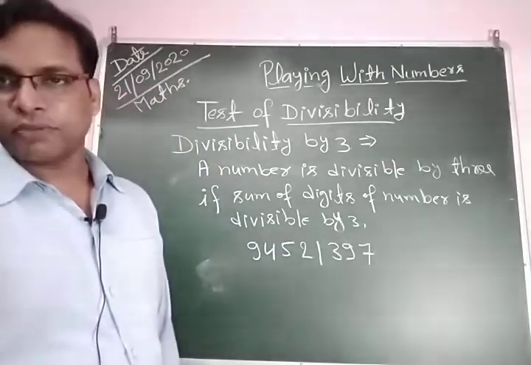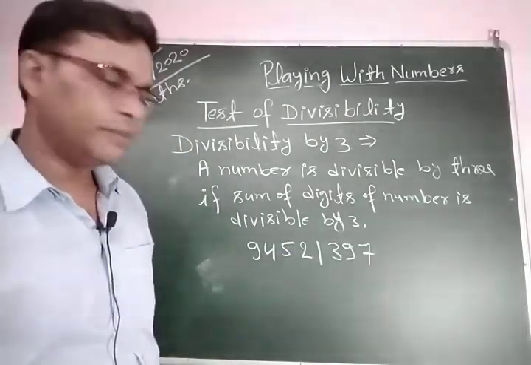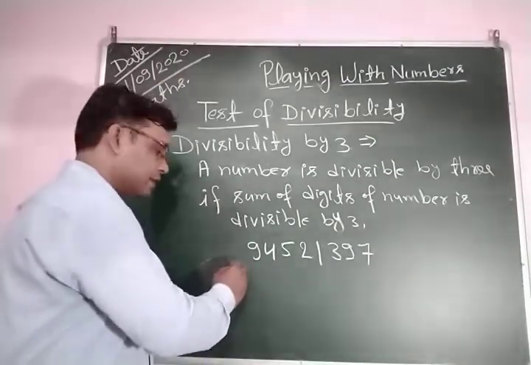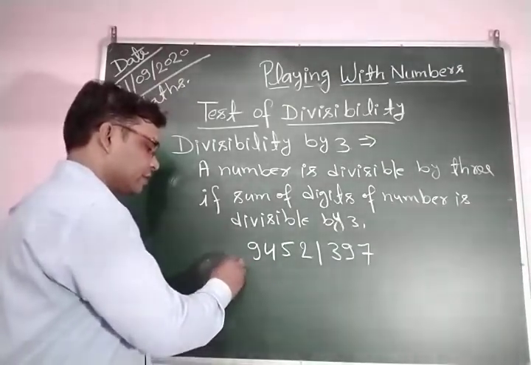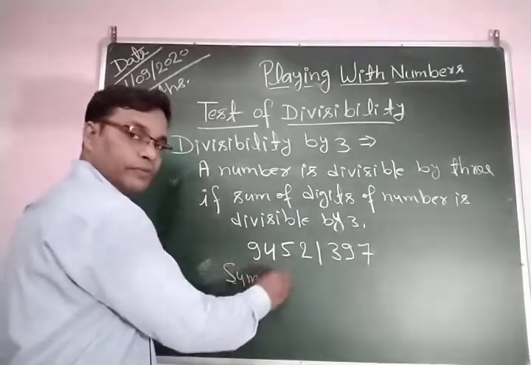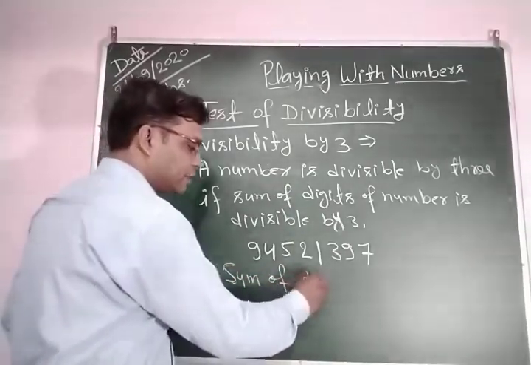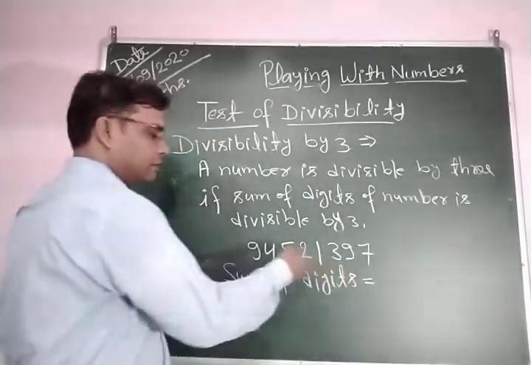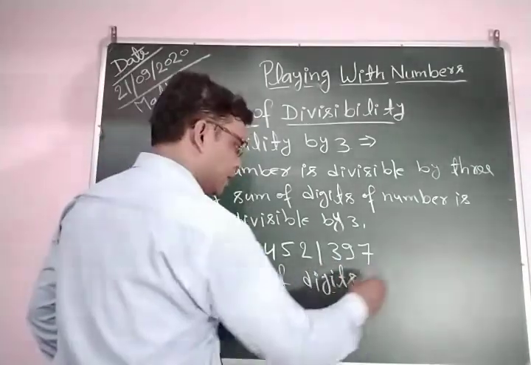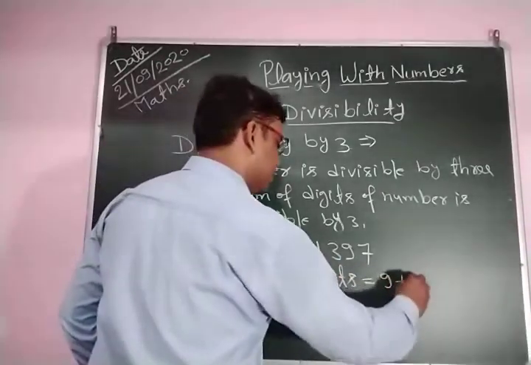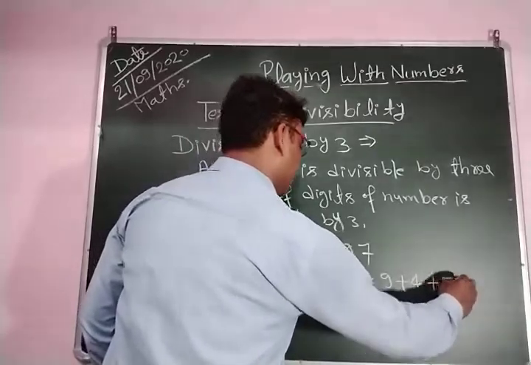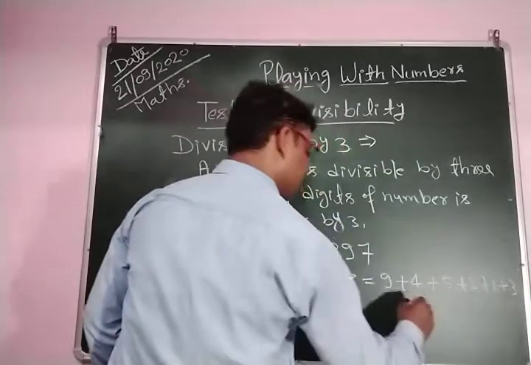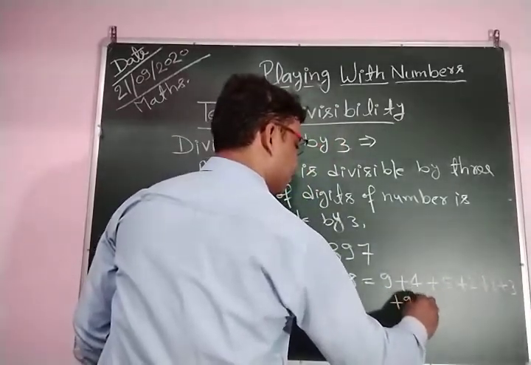Okay. So for this, first we find the sum of digits of the number. Sum of digits of the number is equal to 9 plus 4 plus 5 plus 2 plus 1 plus 3 plus 9 plus 7.